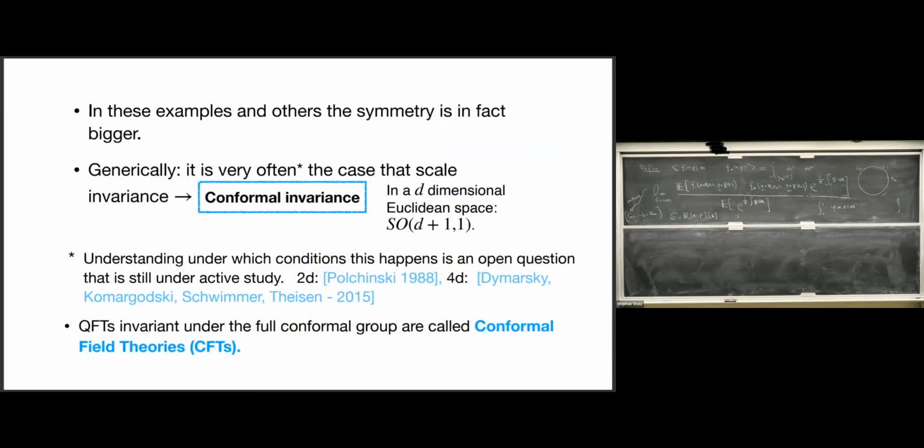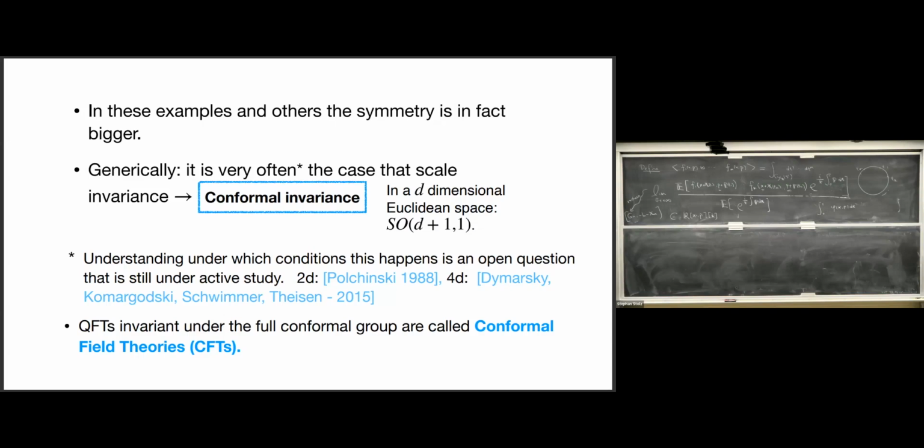And in fact, it turns out that in these examples that I showed and in many others, the symmetry is bigger. It's not just scale invariance. Generically in quantum field theory, in specific models, it is also very often the case that scale invariance implies an invariance under the full conformal group, SO(d+1,1) in d-dimensional Euclidean space.